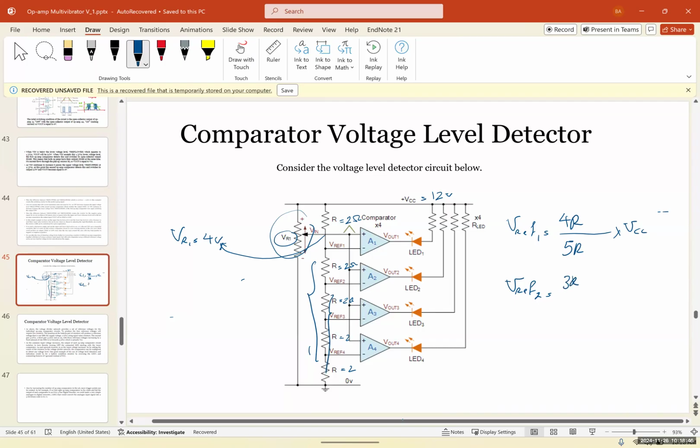So it's going to be 3R over 5R times VCC. V reference 3 is equal to 2R over 5R, or 2/5 of VCC. And V reference 4 is equal to 1/5 of VCC.